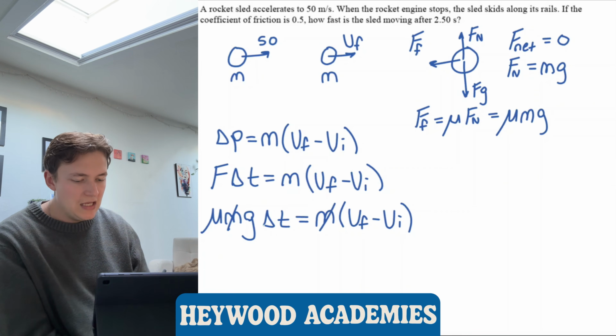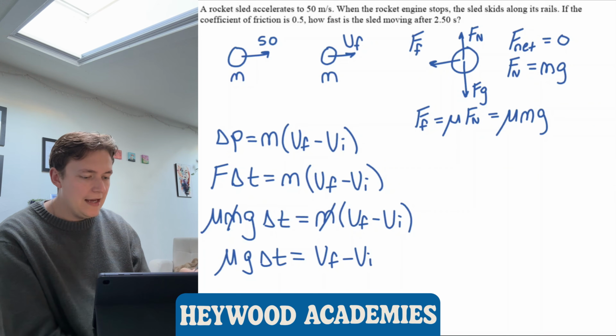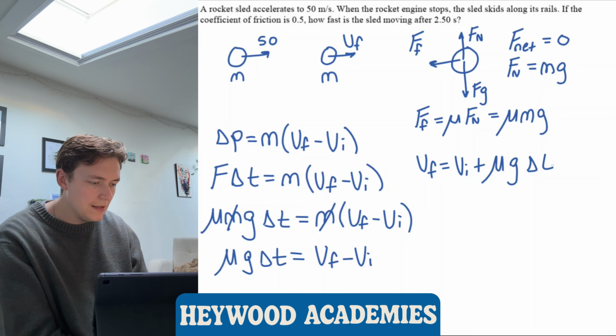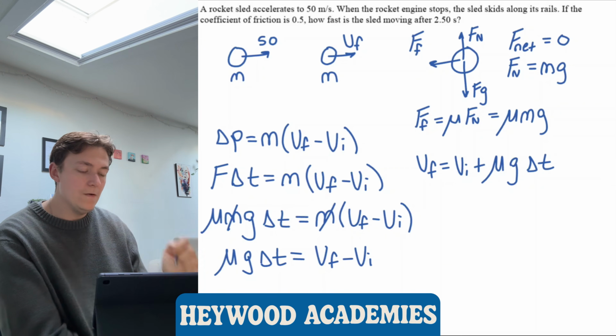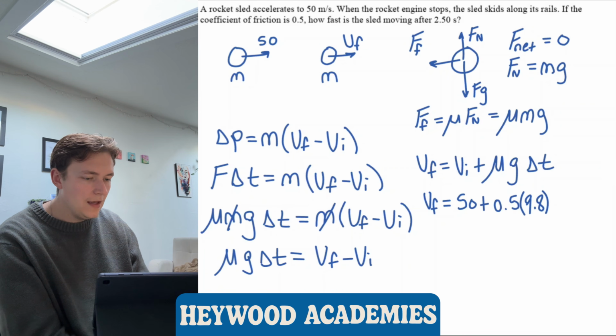Now we've got mu g delta t is equal to v final minus v initial, and then we can rearrange for v final as v initial plus mu g delta t. And now we have all the numbers that we can work with. So for v final, the initial is 50, plus that coefficient of friction was 0.5, g is our constant, 9.8, and delta t was 2.5.